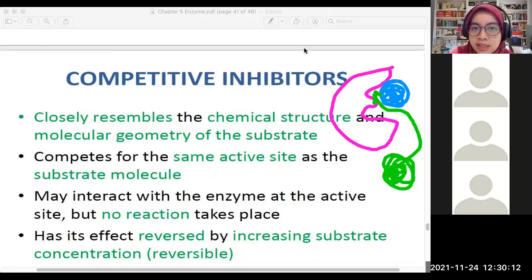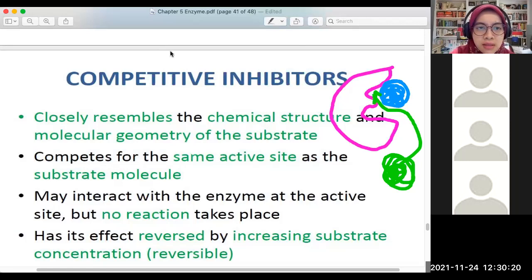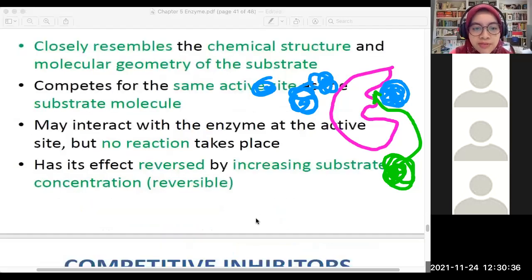When we increase the amount of substrate, eventually the substrate can kick off the inhibitor and bind back to the enzyme. So that is for competitive inhibitors.